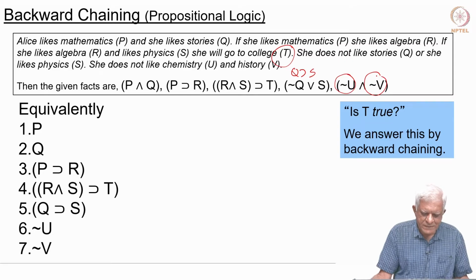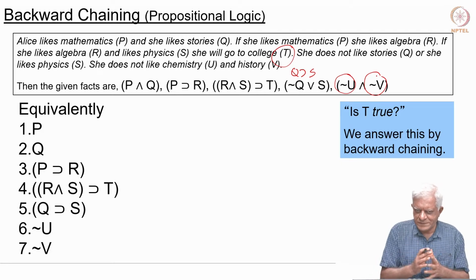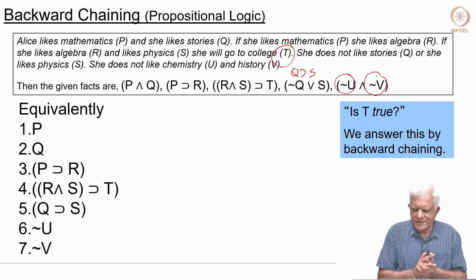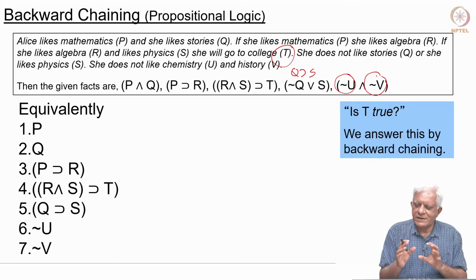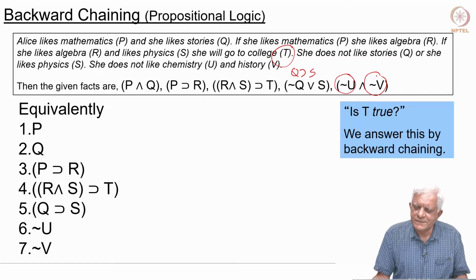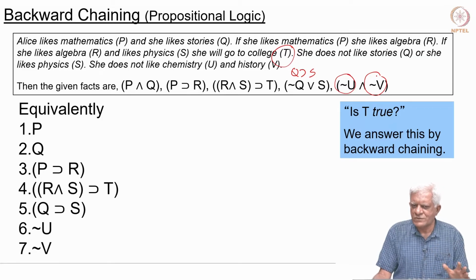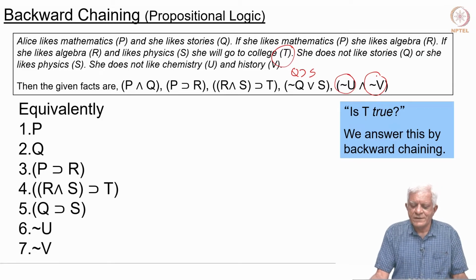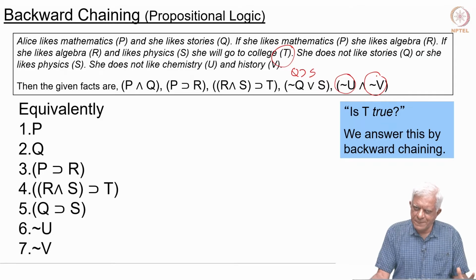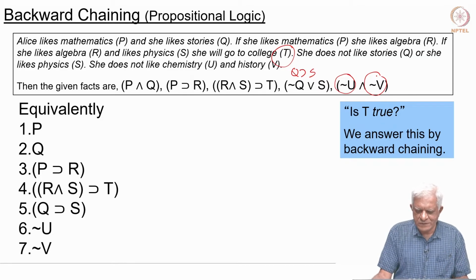The rest of the program is the same, and the way that we manage backward chaining is that we maintain a goal set, and what this goal set contains is the things that you want to show to be true essentially. Our termination criterion will be when that goal set becomes empty, which means you have shown whatever you wanted to show.